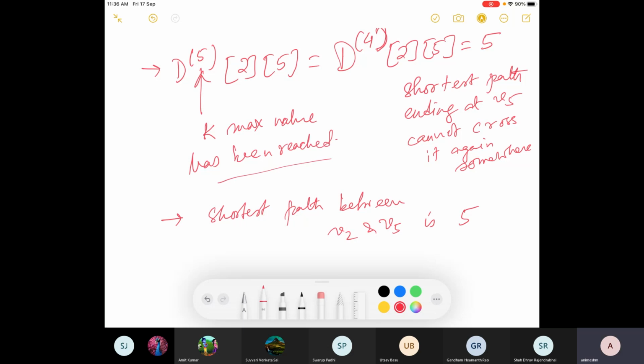So in this way, you can compute the shortest path between any pair of vertices through the set of intermediate vertices that you keep on changing.